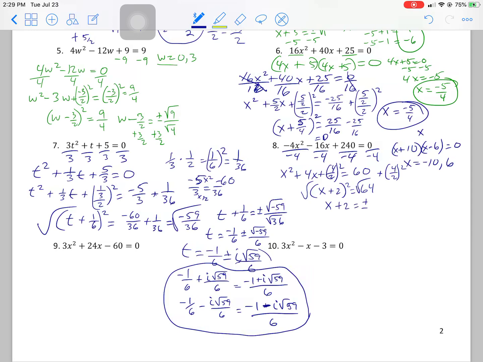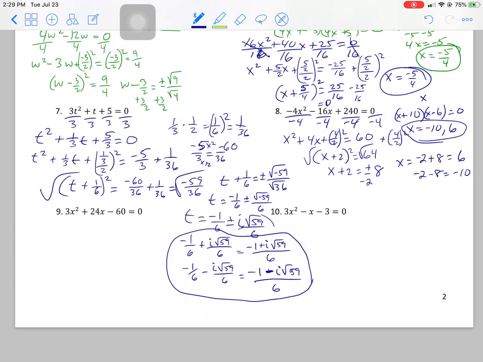So this is going to be plus or minus 8. And when you move the negative 2 over, x is going to equal negative 2 plus 8, which is 6, and negative 2 minus 8, which is negative 10. Yay! Okay, so that's how we're doing that.